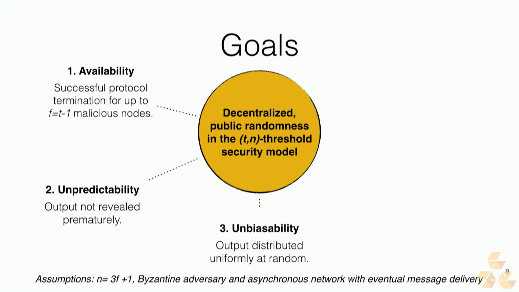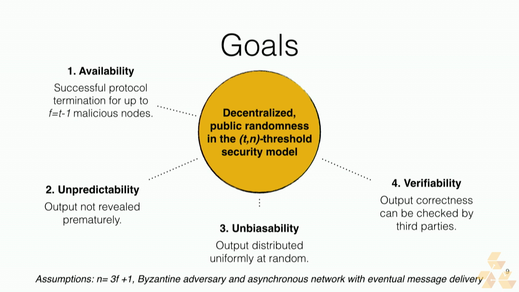We also want to achieve unbiasability so that the output is distributed uniformly at random despite any potential interference from an active adversary. We also want to achieve public verifiability so that anyone can check the correctness of the produced randomness. And finally, we want to achieve scalability so that the randomness can be generated among a potentially very large number of participants to increase the trustworthiness of the generated randomness, because we don't want to just trust a small set of nodes.